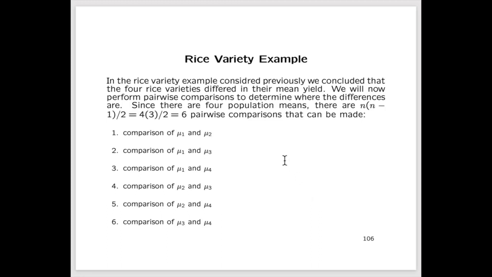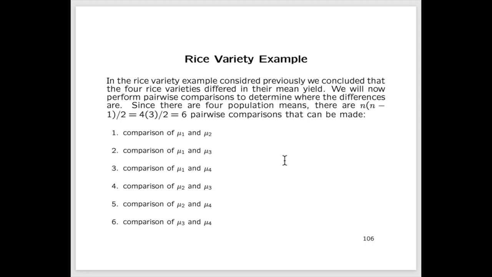Because we have 4 population means that we're comparing, there are 4 choose 2, or 6, pairwise comparisons that we're going to be making. Now, you're not always going to want to do pairwise comparisons. In particular, if there is some kind of structure to the treatment structure, then that structure may determine the kinds of custom hypotheses or specific comparisons that you want to make.